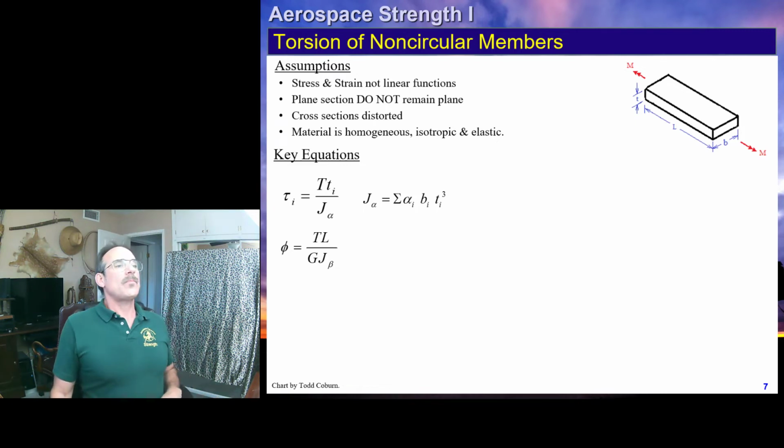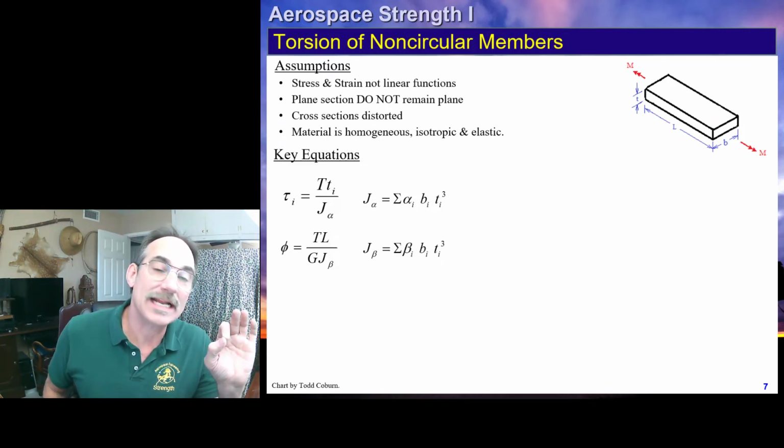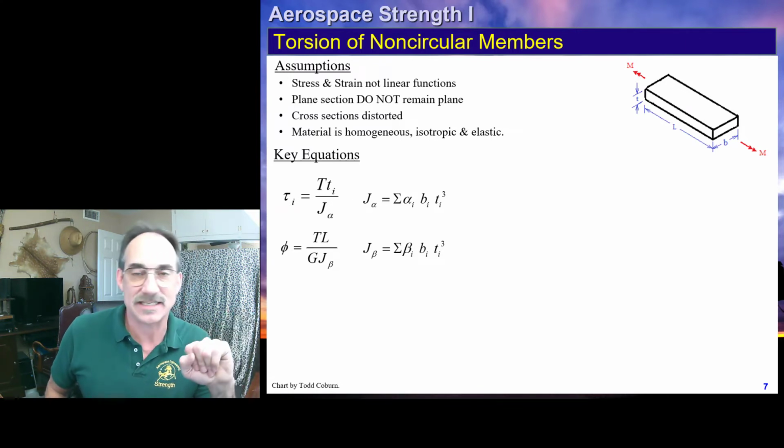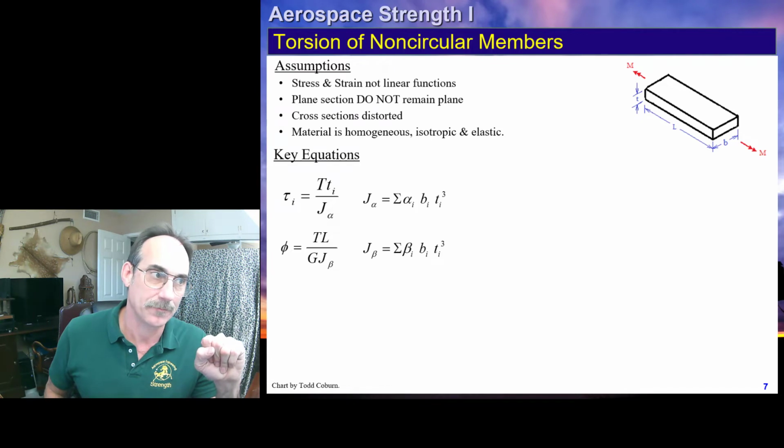If we need the angle of twist, we're going to calculate a different J. It's got the same form. It's the summation of the beta b t cubed. So we're going to calculate our b over t ratio for both. b is the same for both of these. t is the same for both of these. The b over t ratio is the same.